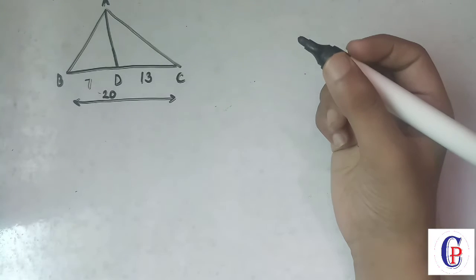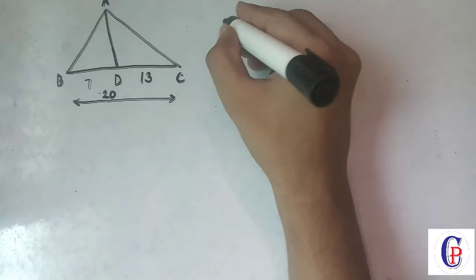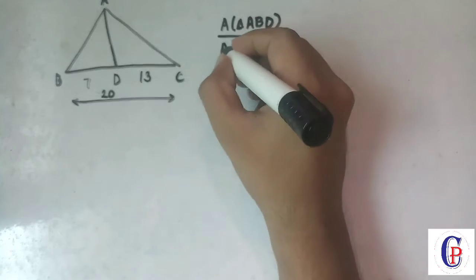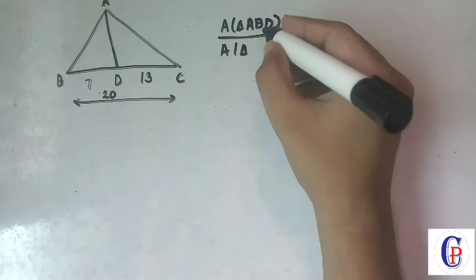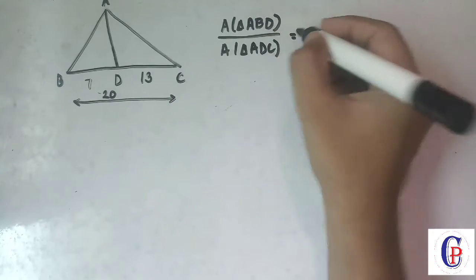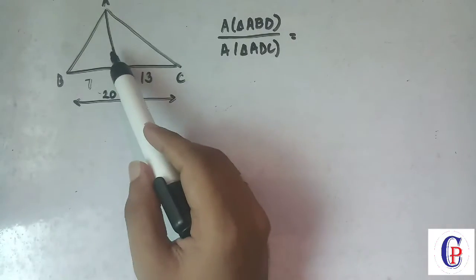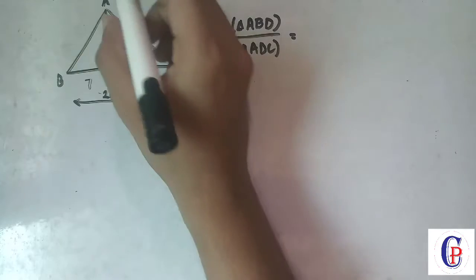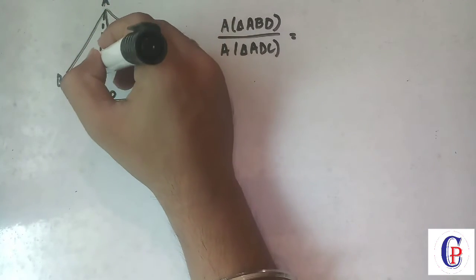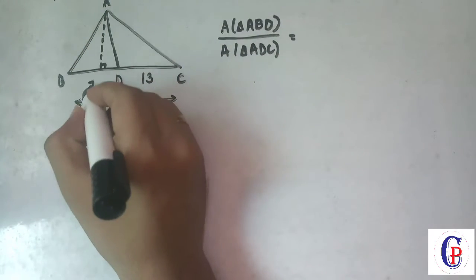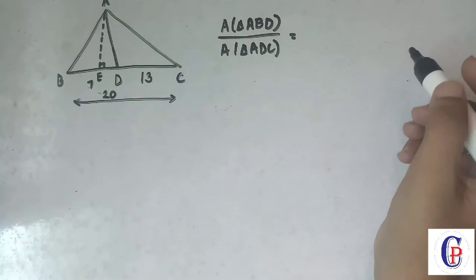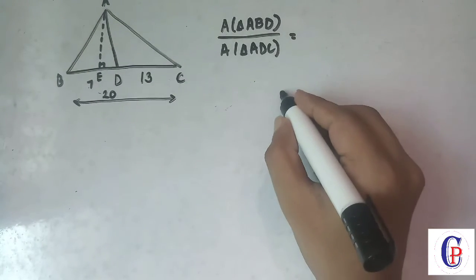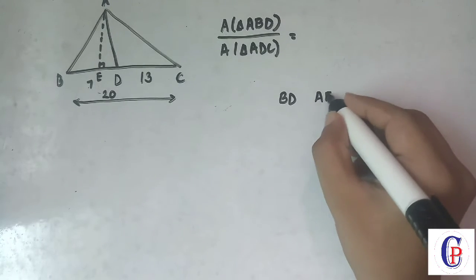Now the first question they are asking is, what is the area of triangle ABD upon area of triangle ADC? If you see triangle ABD, BD is the base and the point in front of it becomes its height. Let us call the foot of the perpendicular E. So for triangle ABD, BD is the base and AE is the height.